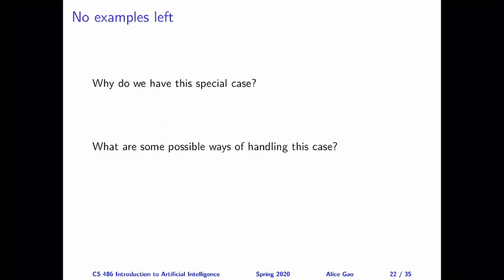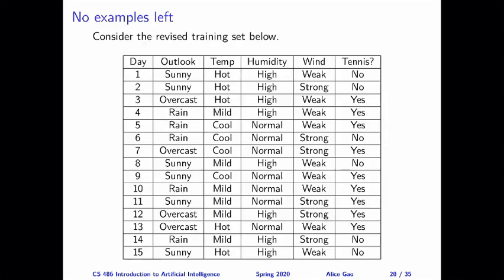Let's ask ourselves the same questions as in the last video. First of all, why do we have this special case? Why is this happening? And secondly, what are some possible ways of handling this case? Let's go back to the data set. The case that we are having trouble with is temperature is hot, wind is weak, humidity is high, and outlook is rain.